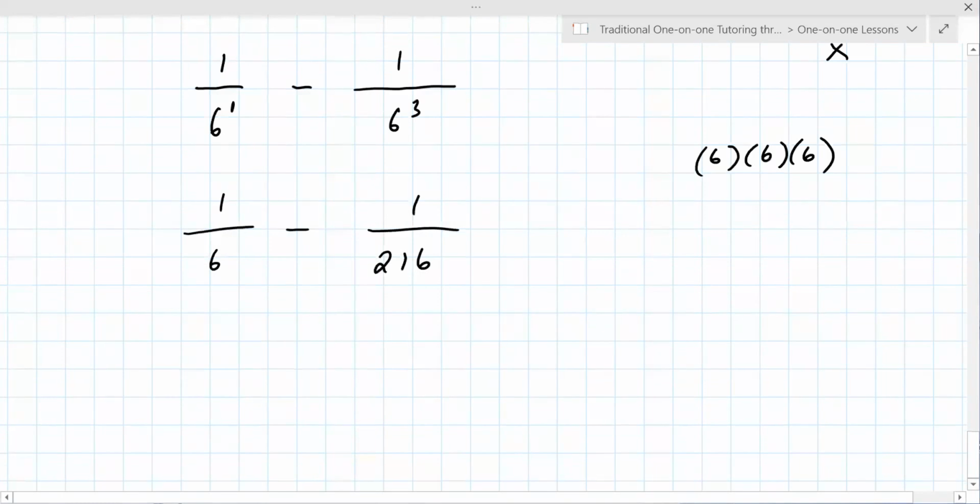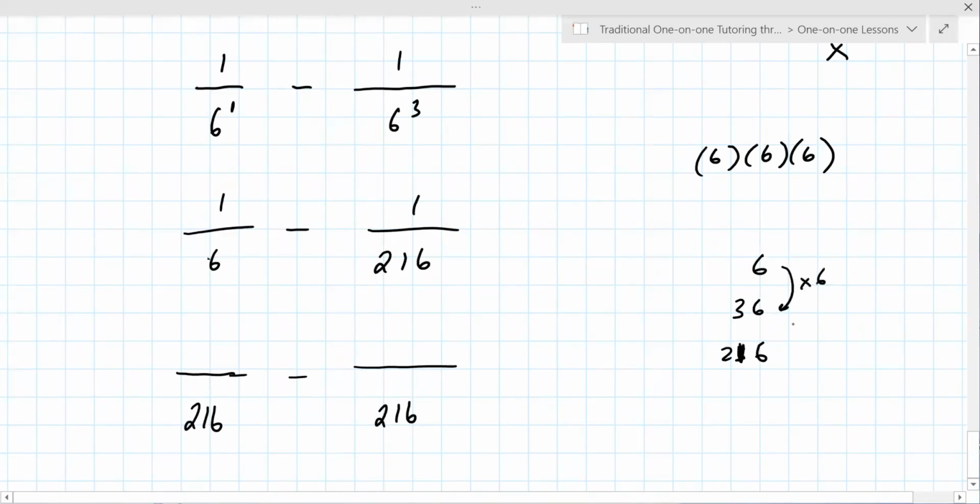Okay, now what is our common denominator going to be? 216. How do you go from 6 to 216? Well, you notice in that table, the table jumps from 6 to 36 to 216. What happens each time? You're multiplying by 6.